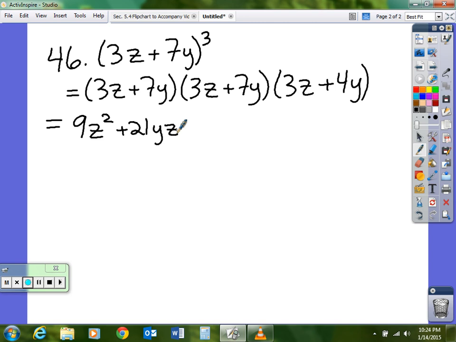Inside, 7y times 3z. The same thing, 21yz. And last, 7y times 7y, giving us 49y squared. Put that entire thing in parentheses, multiply it by 3z plus 7y.